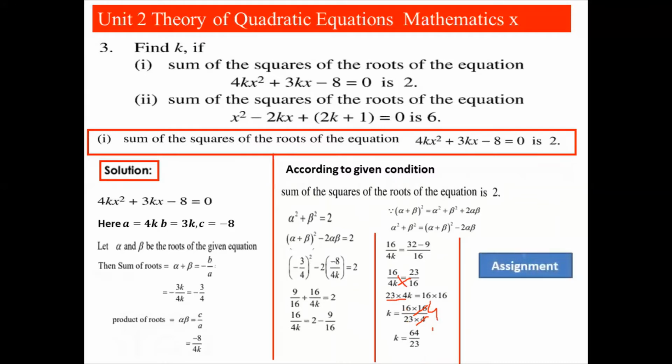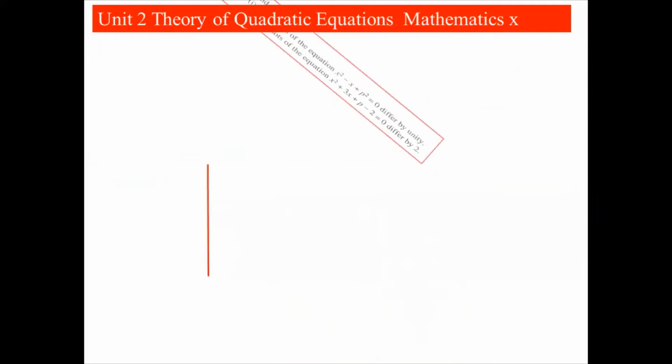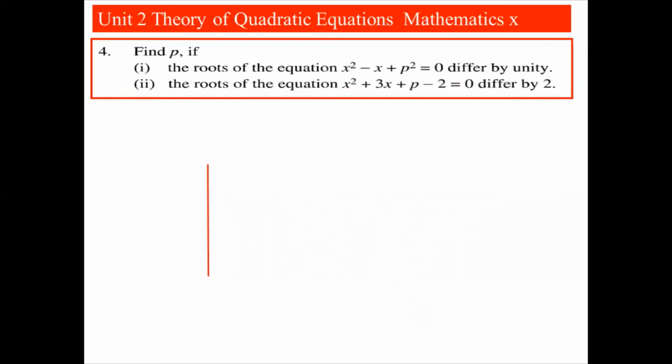Now there is an assignment for you. The second part you have to take as an assignment, so you can solve this. Question 4: find p if the roots of the equation differ by unity.